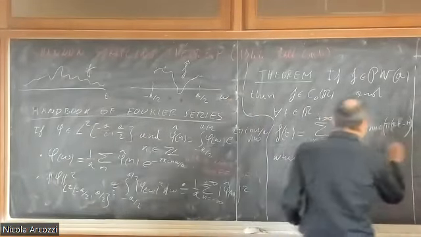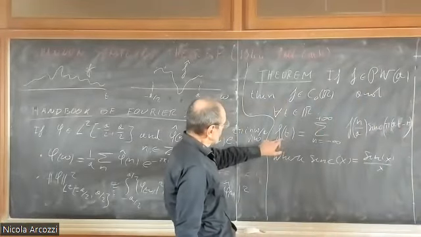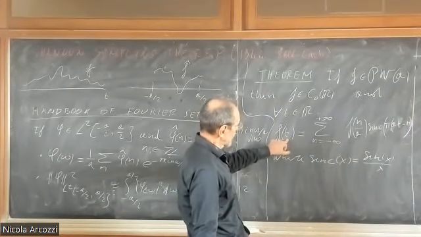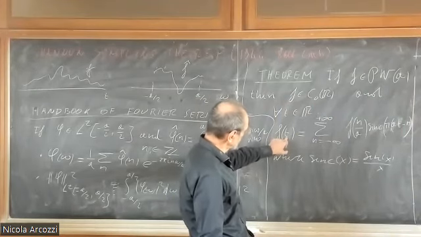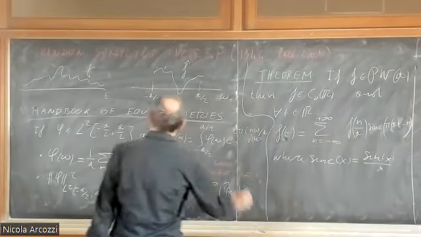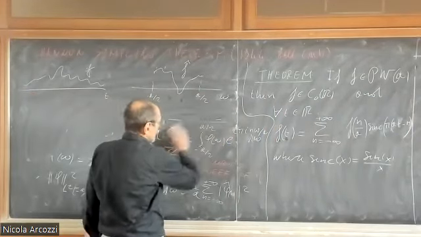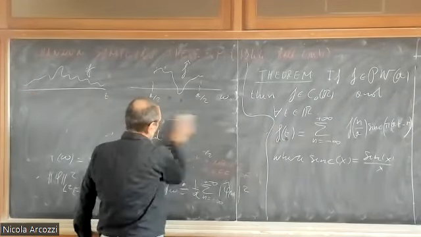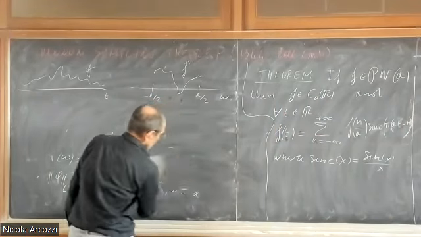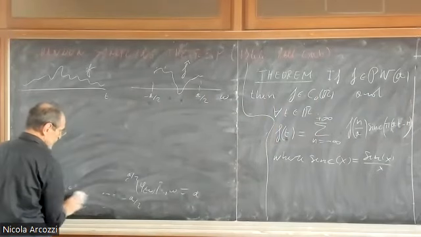So this says that the value of my function f at t can be reconstructed if I know f on the integers, well, rescaled by a. So let me make a couple of remarks.